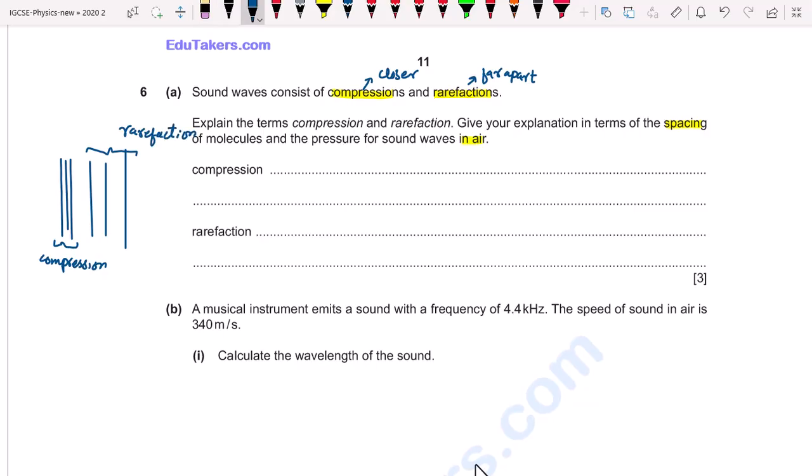So I write here, compressions: molecules closer together than normal, and pressure is higher at compression than normal.